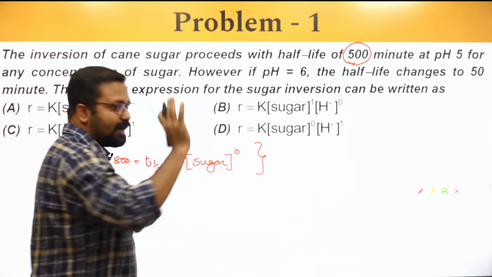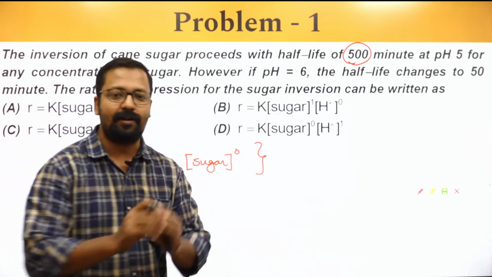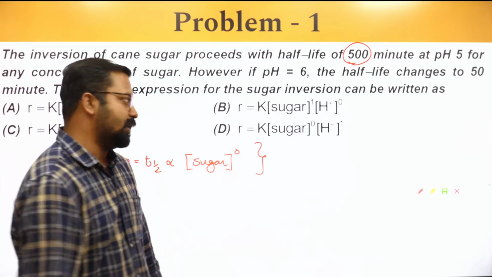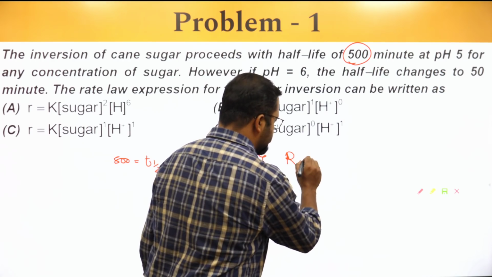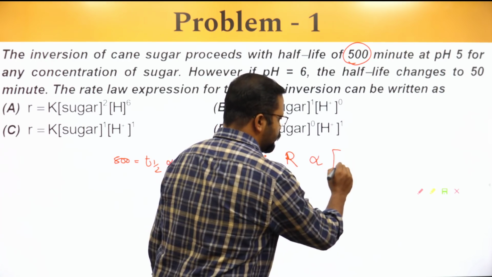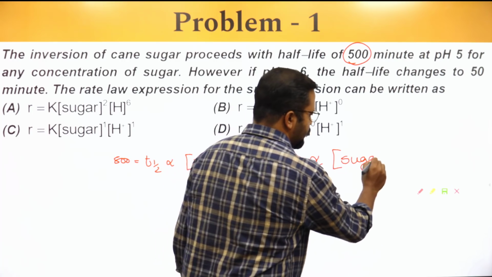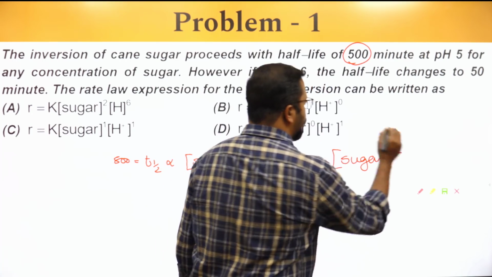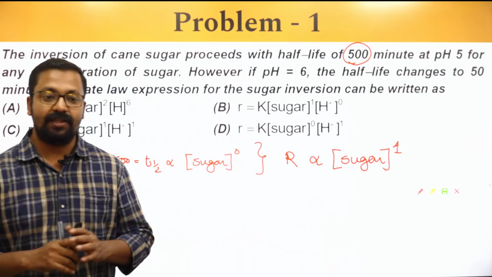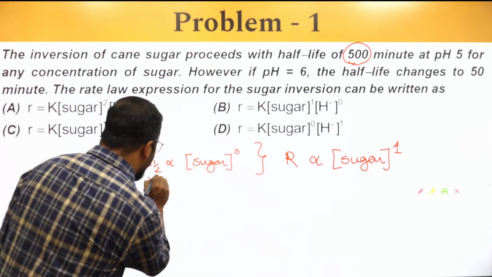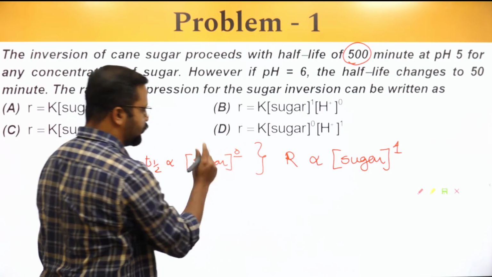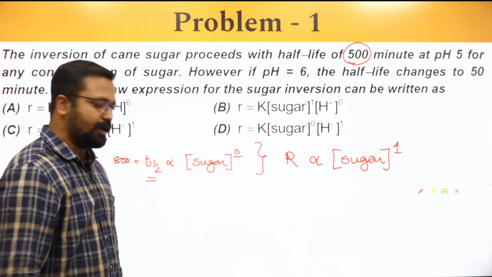This represents what kind of equation? If T half becomes independent of concentration, that means it represents that the rate is proportional to sugar to the power 1. It is not zero order, it is first order. T half is proportional to sugar's concentration to the power 0.